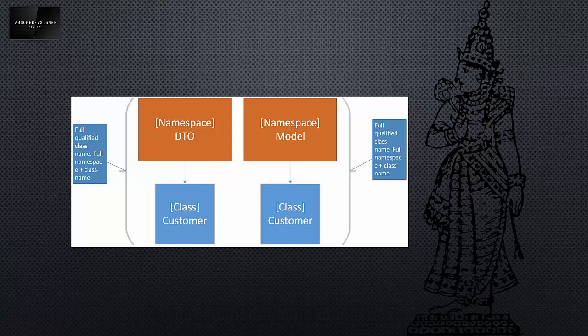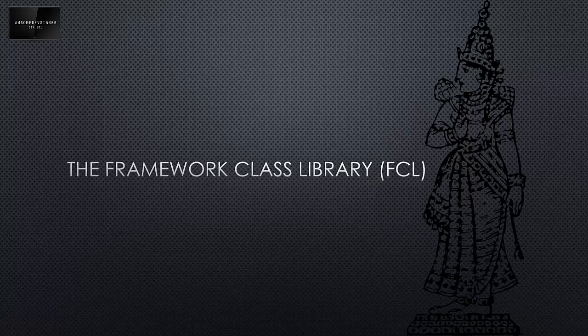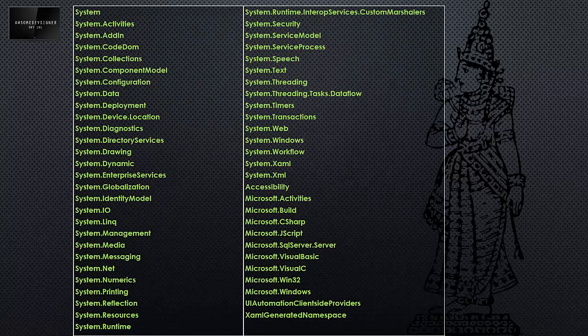Okay, before we switch over to the first demo, let's quickly talk about the Framework Class Library, or FCL, which is a superset of the base class library. When you see the namespaces included, you will realize very quickly why it is a superset. It contains a huge number of sub-namespaces that are part of the System namespace, like System.Activities, System.AddIn, System.CodeDom, and so on.